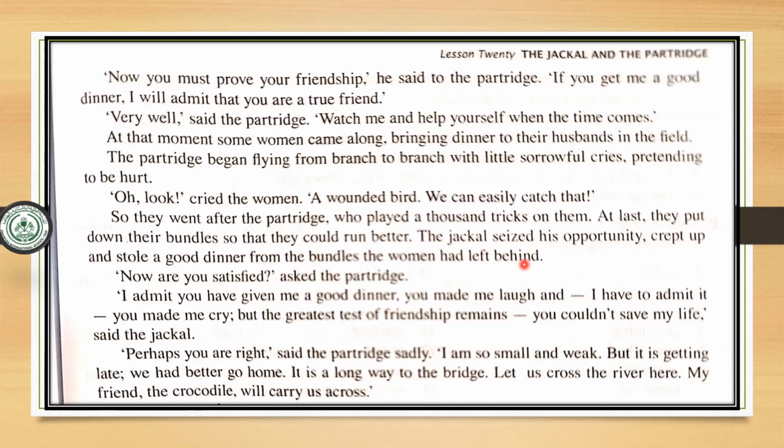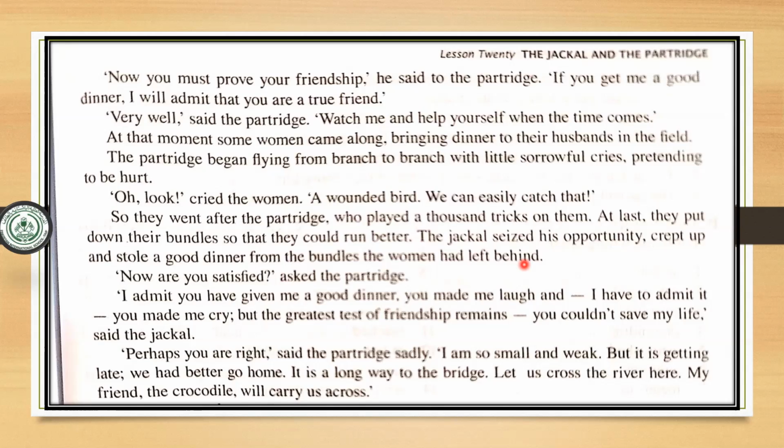Now, dear students, when the jackal said to the partridge that you are supposed to bring a dinner for me, he saw that a few women were going with dinner for their husbands. The partridge pretended that he was hurt, or wounded, or not feeling well, flying from branch to branch with little sorrowful cries.